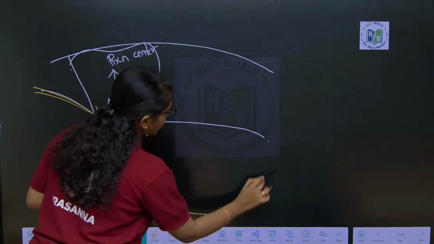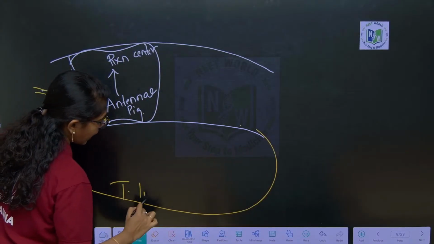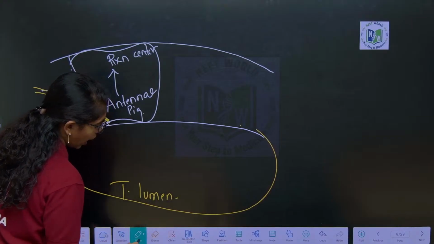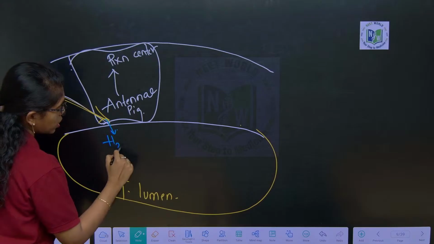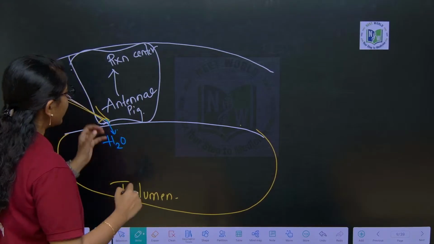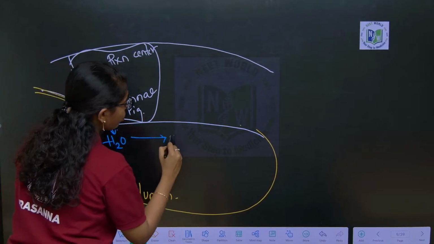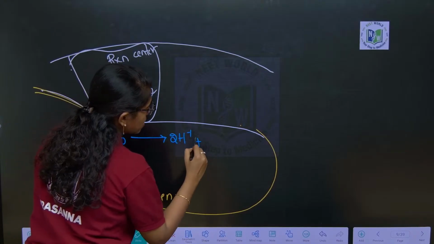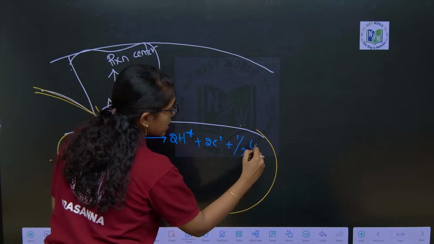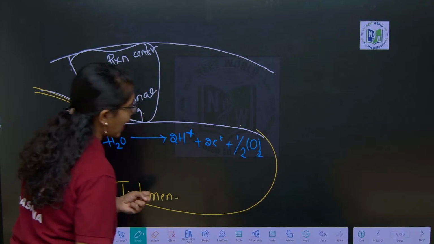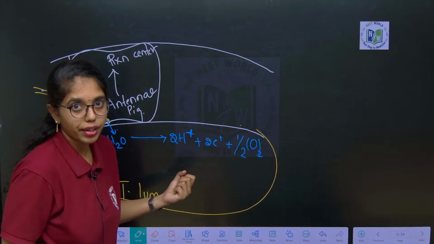Photolysis of water takes place inside the thylakoid lumen. How does it take place? The water present inside the thylakoid lumen is photolyzed to 2 protons plus 2 electrons plus an oxygen atom. This is how the photolysis of water takes place.